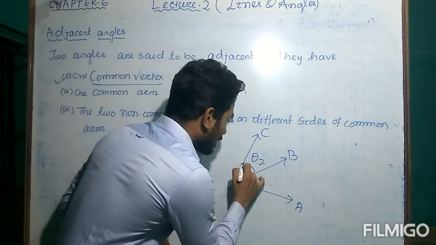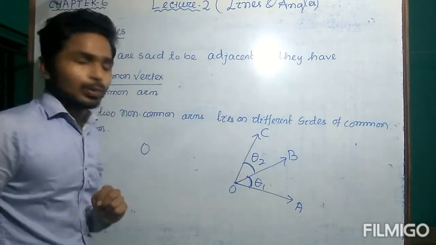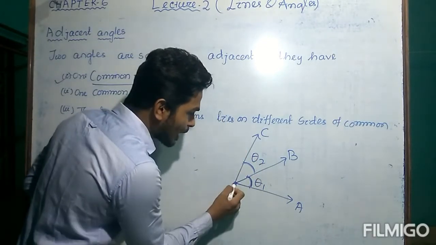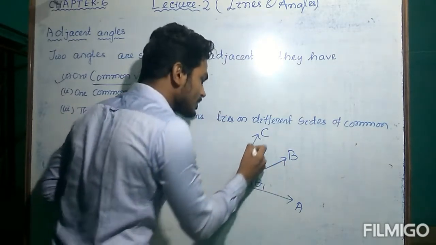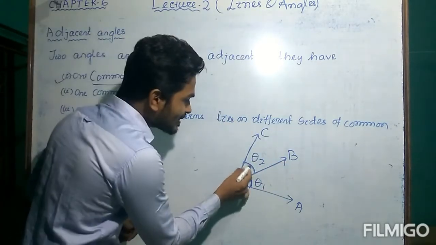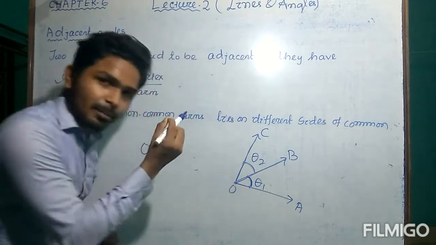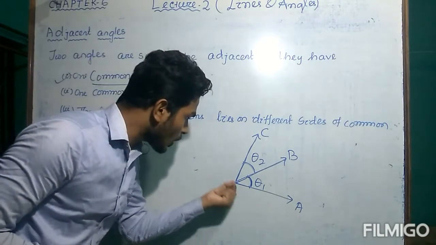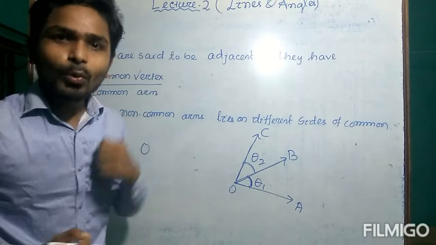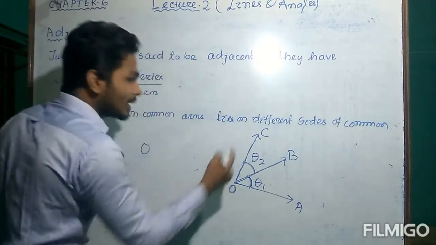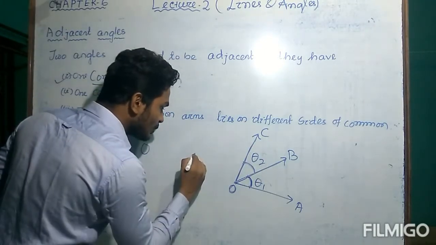Similarly, consider the angle theta 2. Theta 2 has two arms, OB and OC. This angle also starts from an origin that is also O. So O is also the vertex for the angle theta 2.